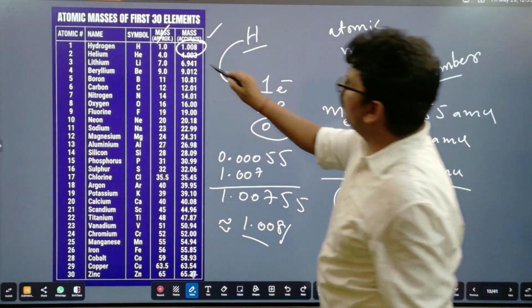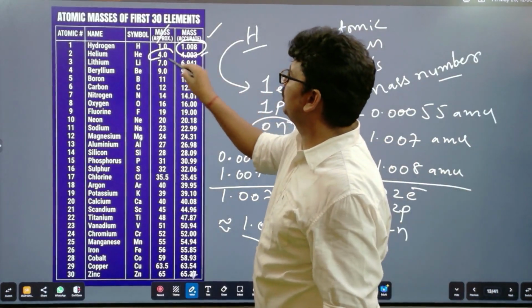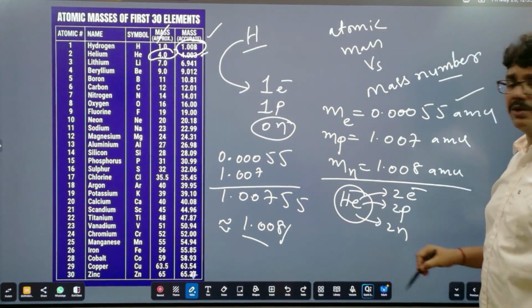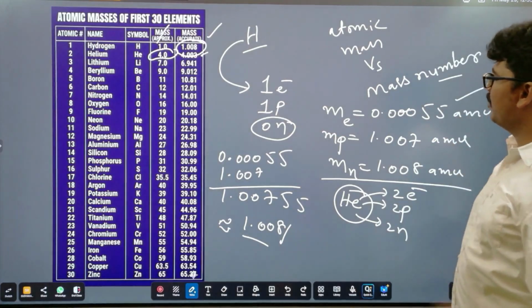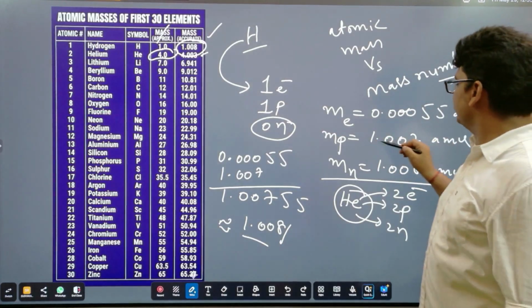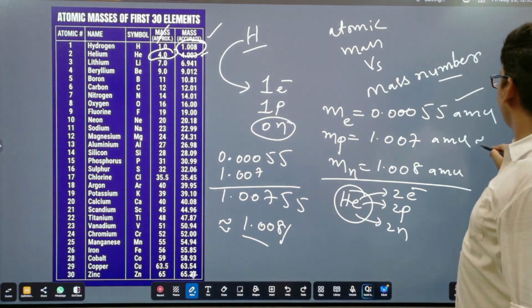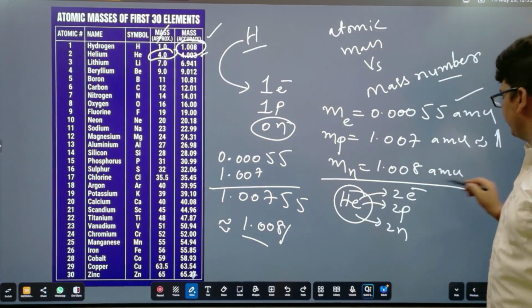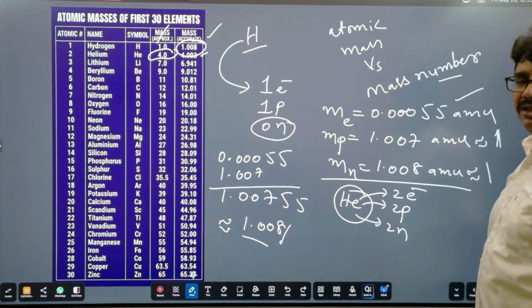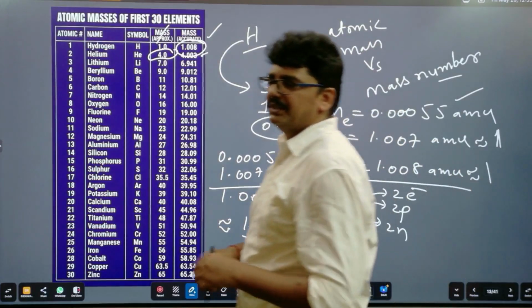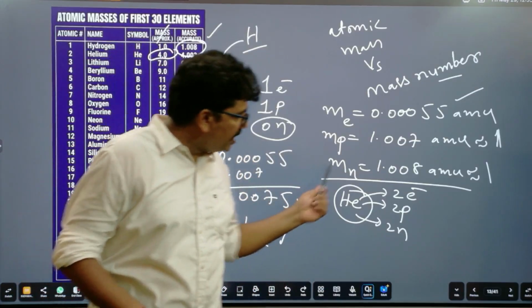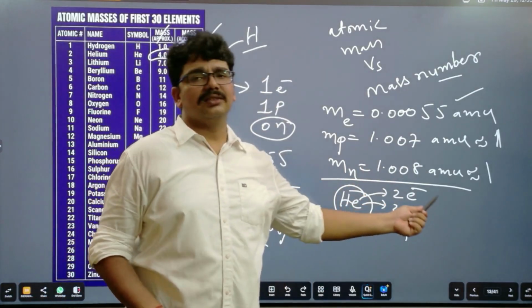Instead of 4.003, simply we take 4. Why are we taking 4? Electron mass is negligible. Proton mass is 1.007, approximately taken as 1. Neutron mass is 1.008, approximately taken as 1. So electron mass is negligible, we don't consider it. Proton mass is 1 unit, neutron mass is 1 unit.